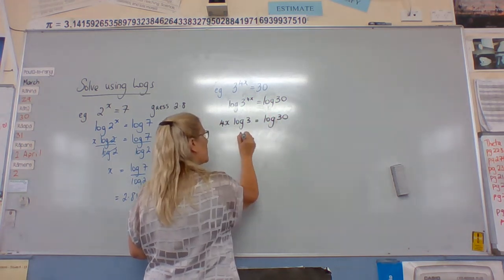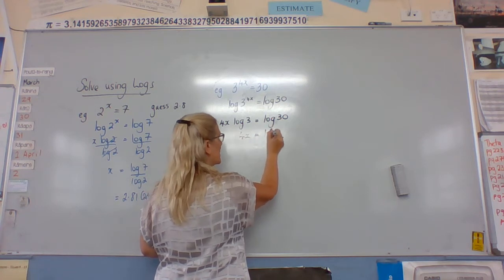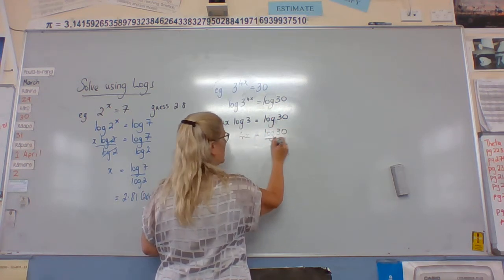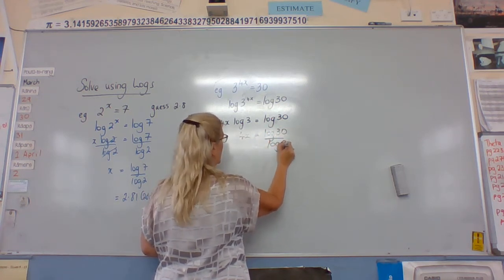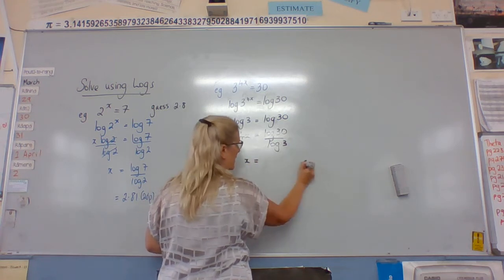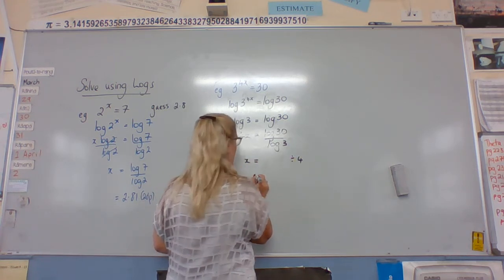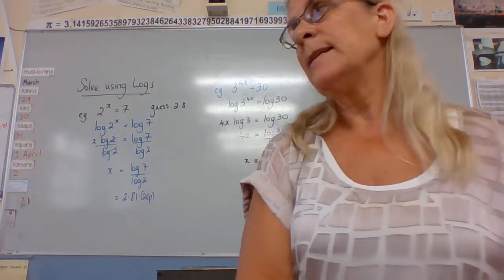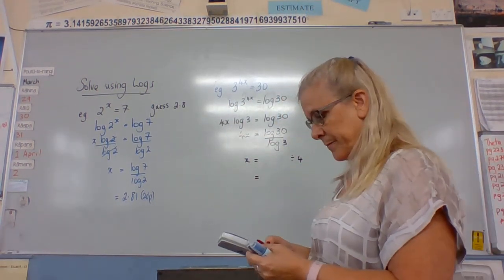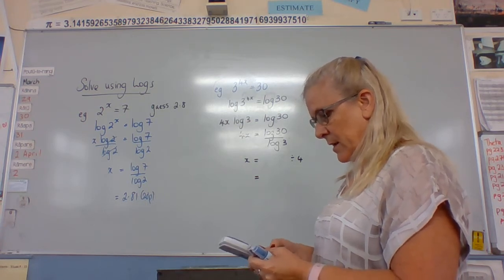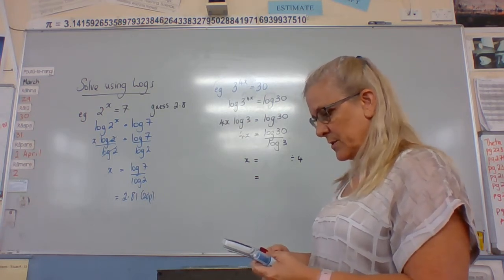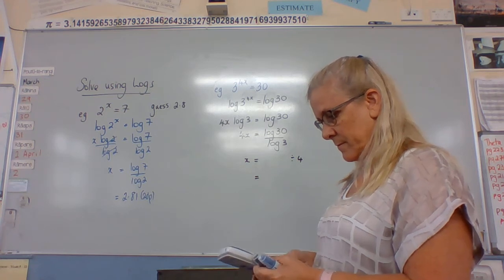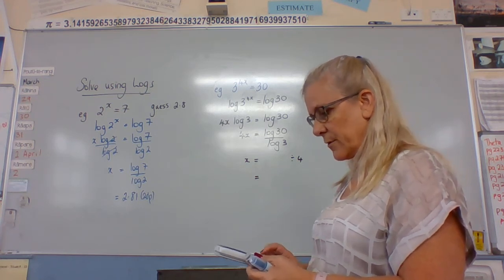So 4x equals log 30 divided by log 3, and x will equal whatever that is divided by 4. So you need a calculator, because you can't do logs in your head. So we get log 30 divided by log 3 equals, helps if you turn your calculator on first.